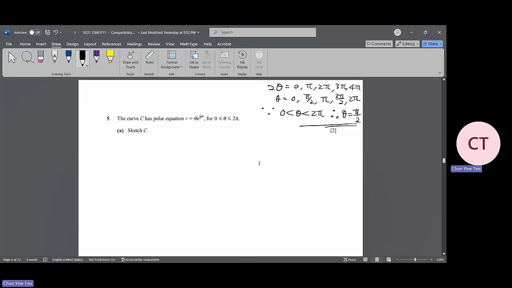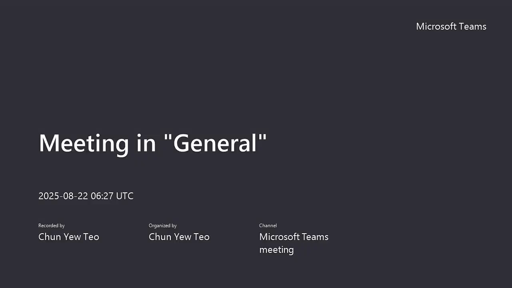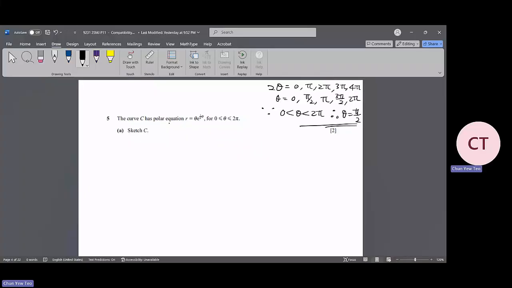Now move on. We have question number 5. We have the curve C that has a polar equation that looks like this.